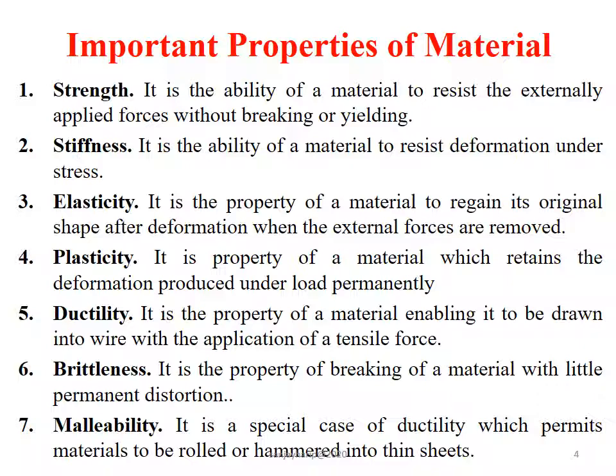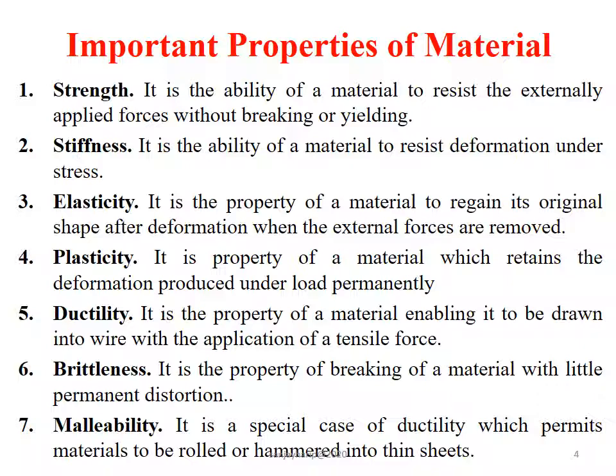Next property, that is ductility. It is a property of material enabling it to be drawn into wire with the application of tensile force. It is generally measured in percentage elongation and percentage reduction in area. Next property is brittleness.